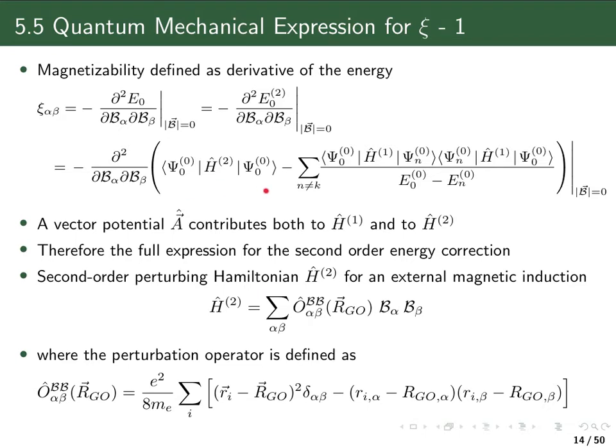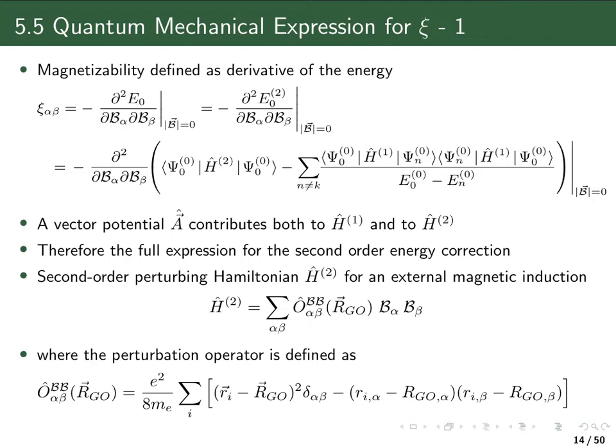So here's this full expression for the second order energy correction with both the first order perturbation Hamiltonian and the second order perturbation Hamiltonian. Remember, the expression with the second order Hamiltonian is just an expectation value, whereas with the first order Hamiltonian we have this sum over all the excited states.